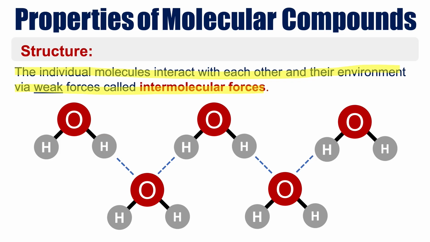Towards the end of this unit, we'll look at the different types of intermolecular forces and how to identify them. For right now, you should know that molecular compounds are individual molecules held together with covalent bonds, but the individual molecules interact with each other and their environment using weak intermolecular forces.